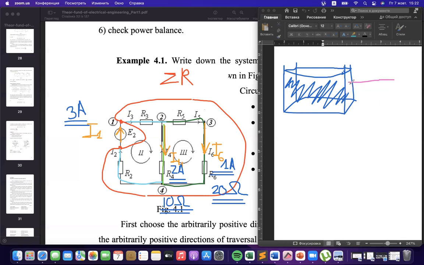You have two pipes, one with small cross section, one with big cross section. You know that the amount of water will depend on the cross section. For the smaller cross section, the amount of water that will flow outside this tank will be smaller. In the bigger cross section, the amount of water in the same time will be bigger.